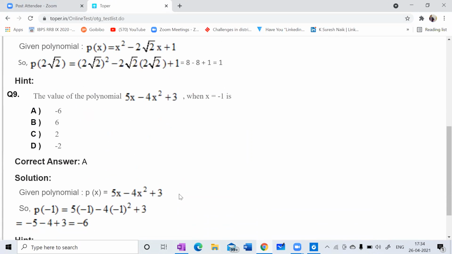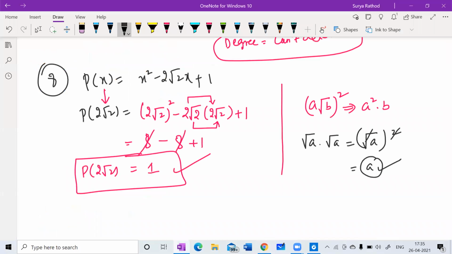No, sir. Okay, so look at the 9th question. The value of the polynomial 5x minus 4x square plus 3 when x is equal to minus 1.